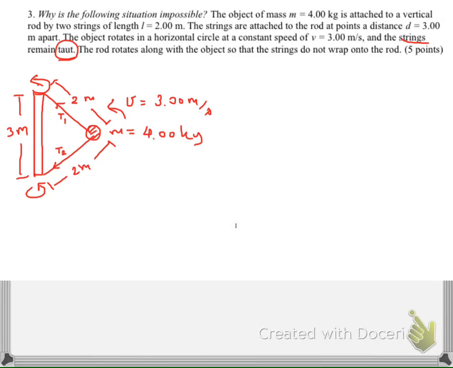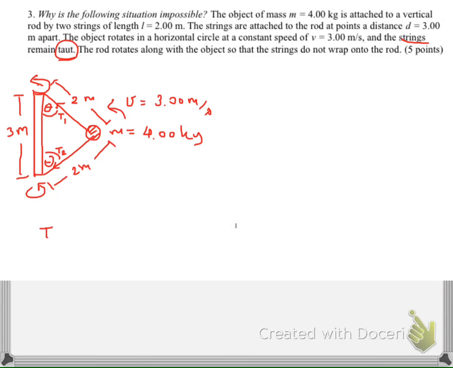In this problem, the unknowns are T1 and T2, so we want to calculate T1 and T2. If I denote this angle as theta, then from the symmetry, this is theta also, right?